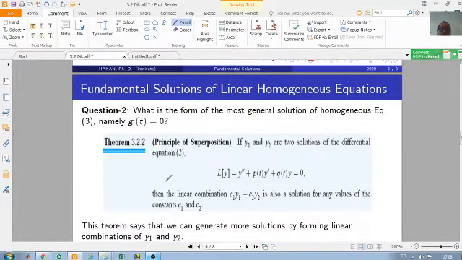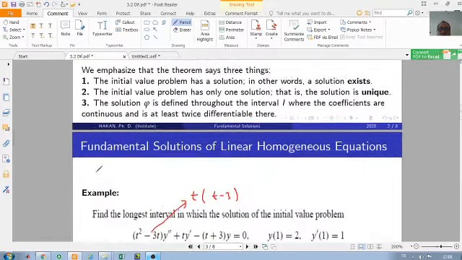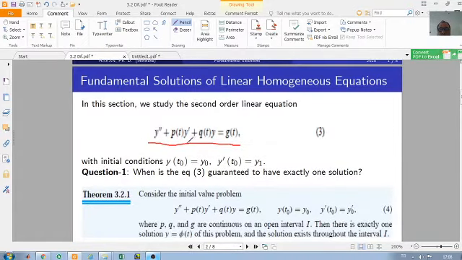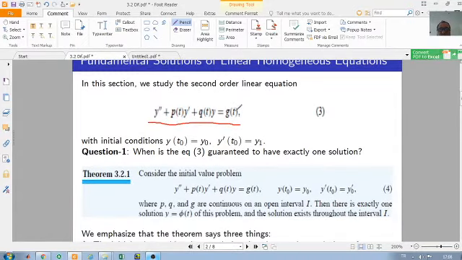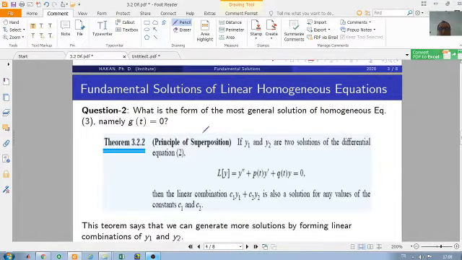The second question is: what is the form of the most general solution of a homogeneous differential equation? Namely, when we write 0 for g of t, we obtain a homogeneous second order linear differential equation. The second derivative plus p of t y prime plus q of t y is equal to 0.